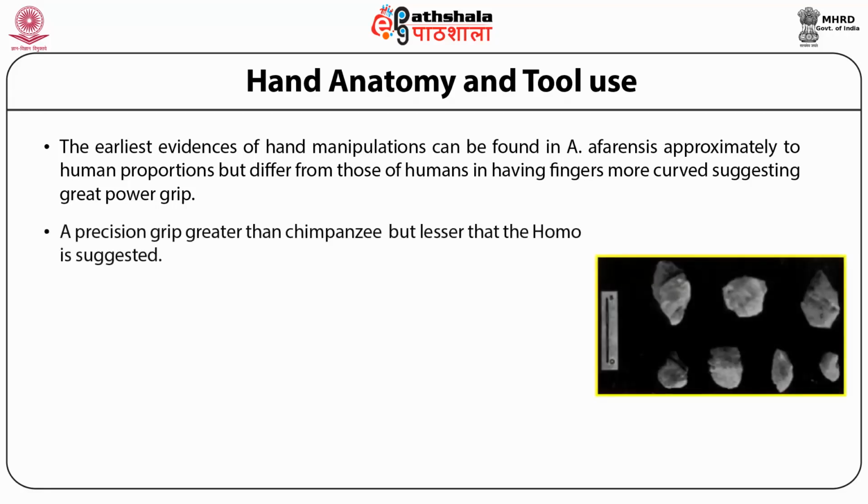The precision grip was greater among them compared to that of chimpanzees, but lesser than that of Homo. Australopithecus afarensis was spending more time on the land than in the trees. Hence, hand anatomy had started foreshadowing the characteristics of the hands of Homo and was different from those of apes.